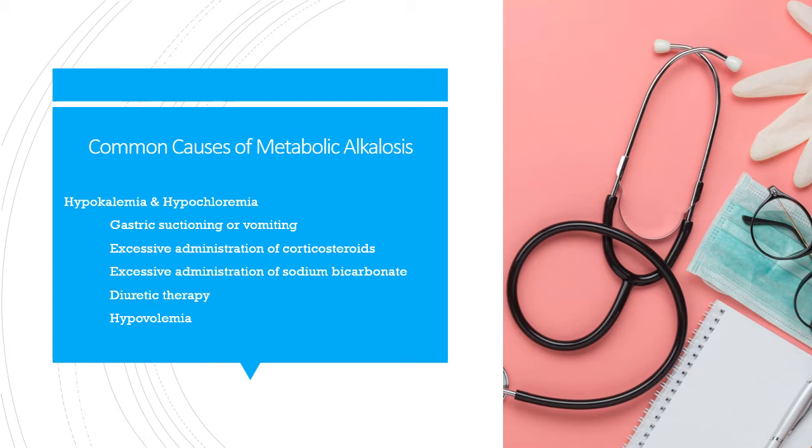Gastric suctioning, common in ICU patients, or vomiting, as well as administration of corticosteroids, excessive administration of sodium bicarbonate, diuretic therapy, Lasix, and hypovolemia, often seen with a low blood pressure, are common causes of a low potassium and low chloride, two of the most common reasons for metabolic alkalosis.